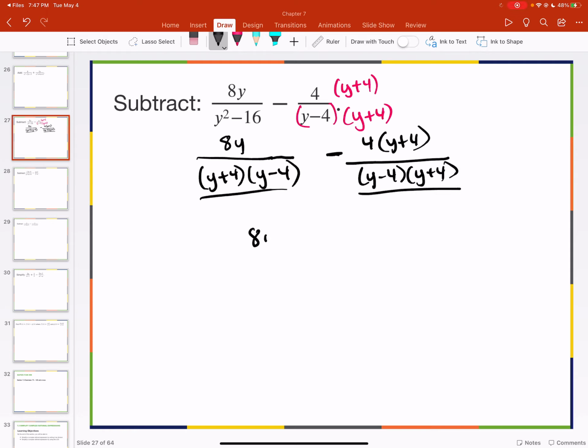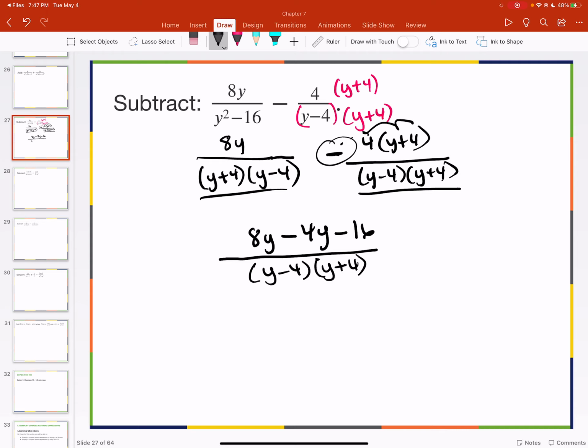So that's going to be 8y minus, this negative here applies to this 4, which gets distributed. So that's minus 4y minus 16 all over the LCD, (y minus 4)(y plus 4). So that's just going to be 4y minus 16 on the top, divided by this LCD here.